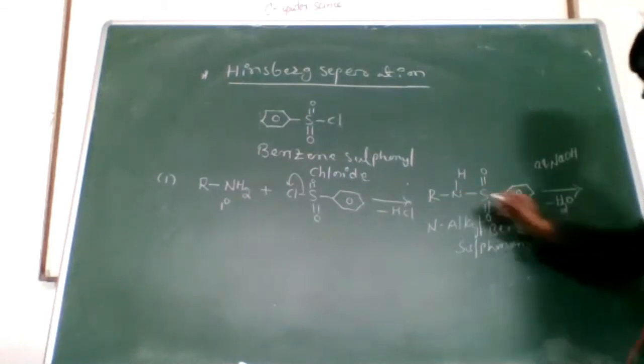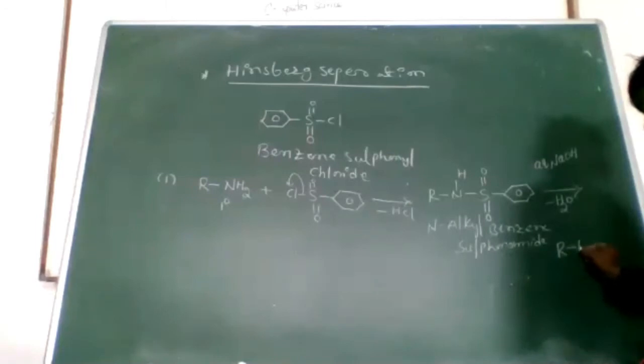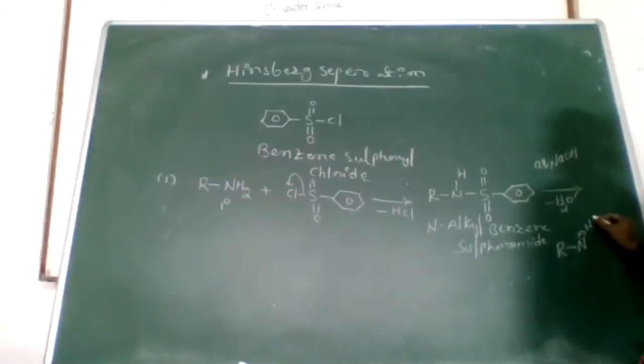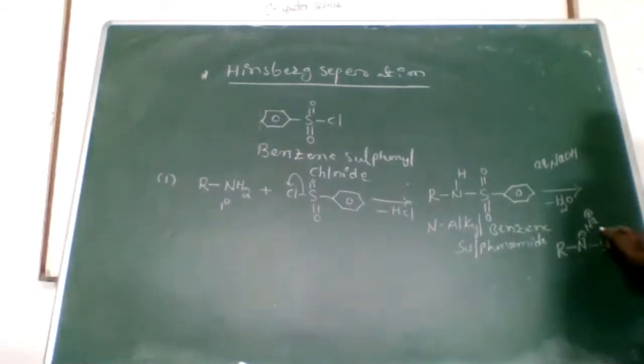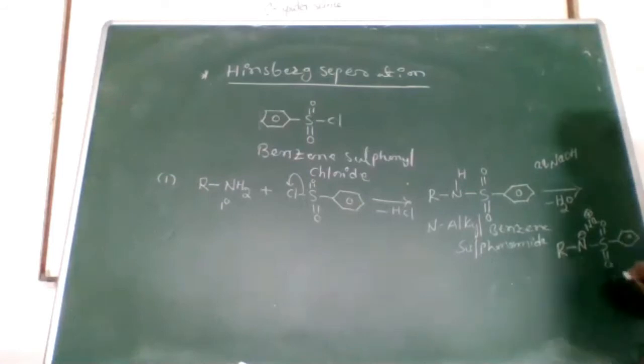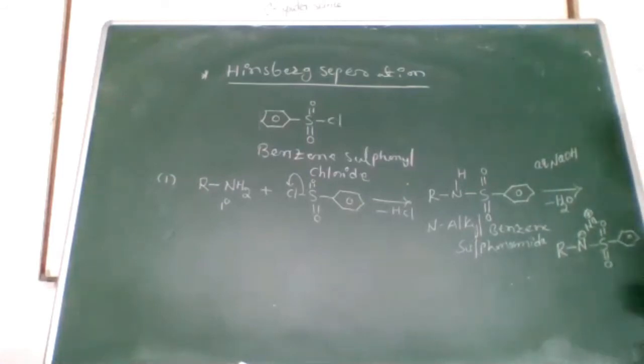Here we have R, and N is getting a negative charge, with Na plus. Remaining is S double bond O, and this is the benzene, C6H5. So this is the salt.